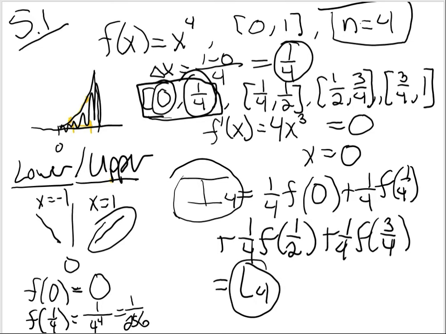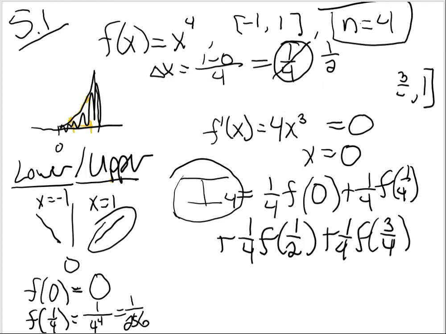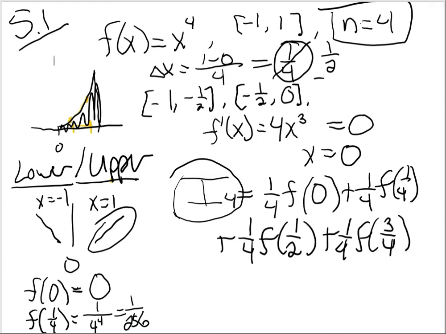It will not always be a left or right endpoint sum. For example, if we change this to -1 to 1, that will change our width to 1/2, which will in turn change each one of these intervals. Our work for finding critical points stays the same because we have the same function.